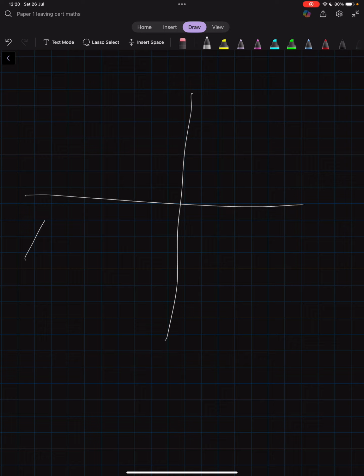Now, stationary points. Stationary points are basically when the slope is 0. It's called a stationary point because the function isn't increasing or decreasing at that point. If we have some cubic like this, it has two stationary points, here and here.